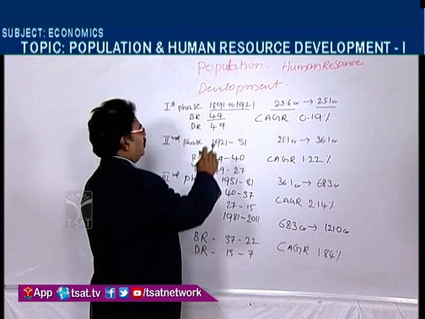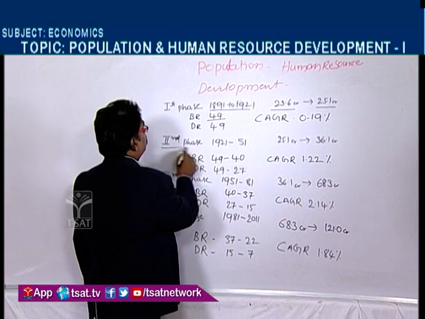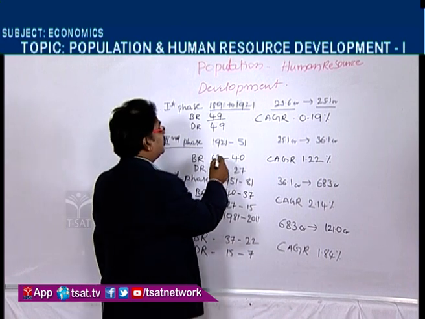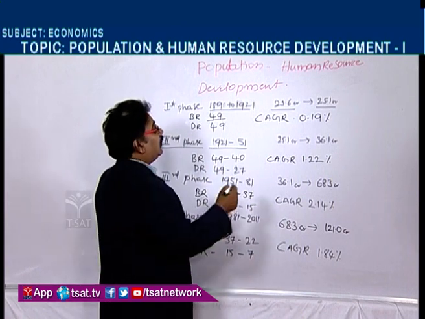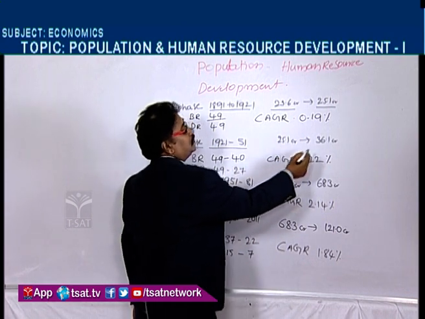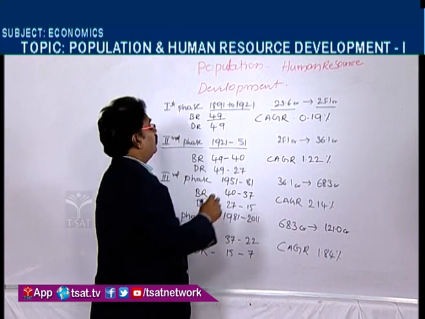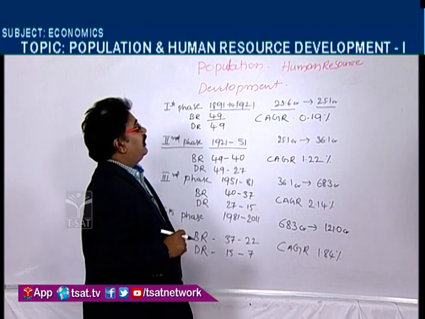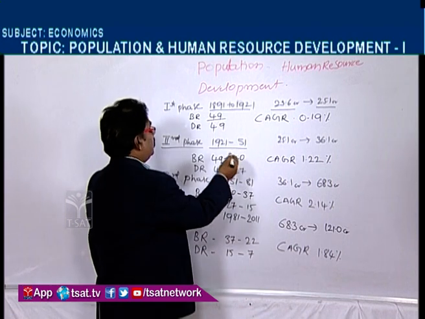Coming to the second phase, again a period of 30 years, 1921 to 1951, the Indian population increased from 25.1 crores to 36.1 crores. In these 30 years, almost 11 crores of population increased.